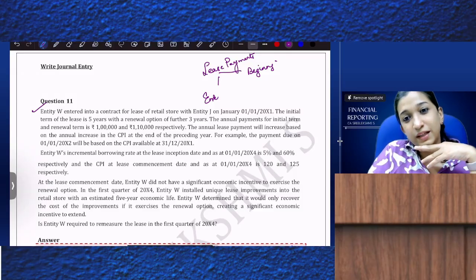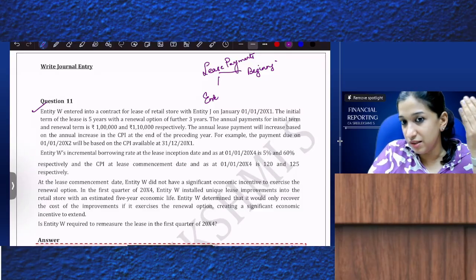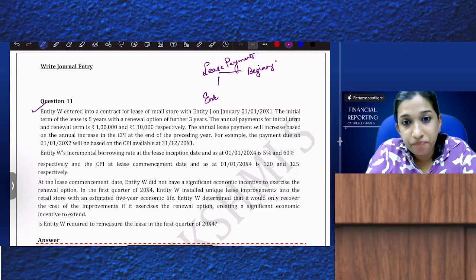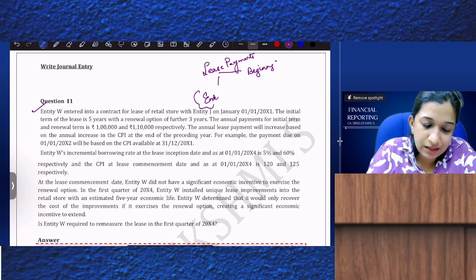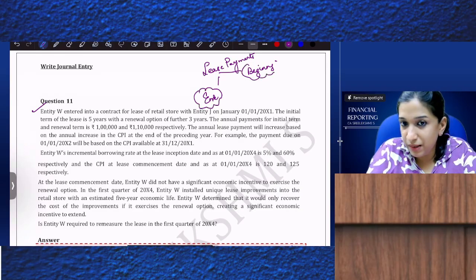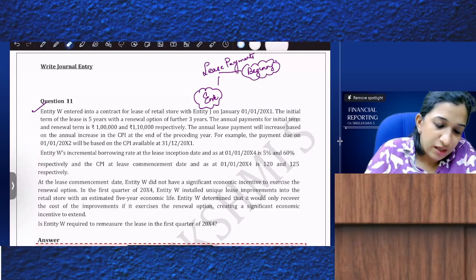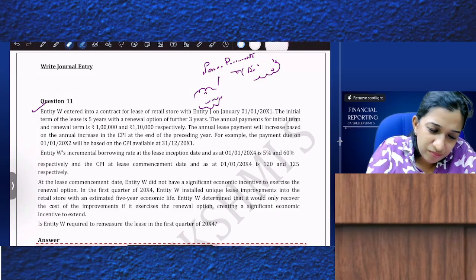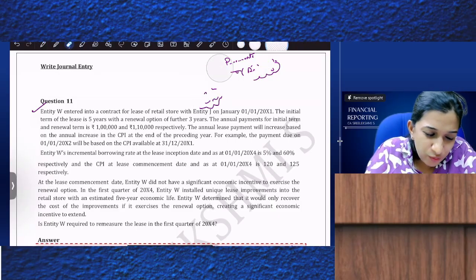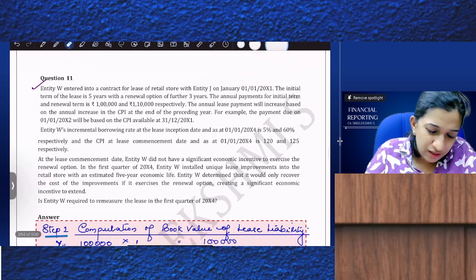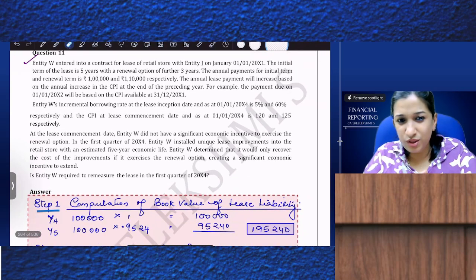Always ensure whether the lease payments are at the beginning or at the end. Because this question came, I just wanted to discuss this one quickly.